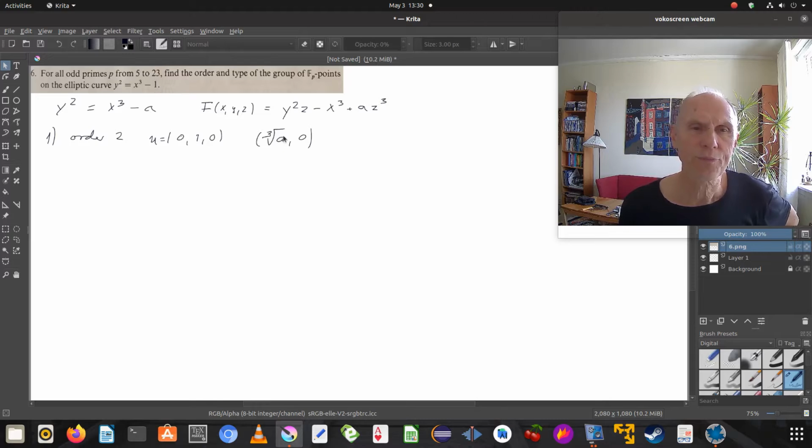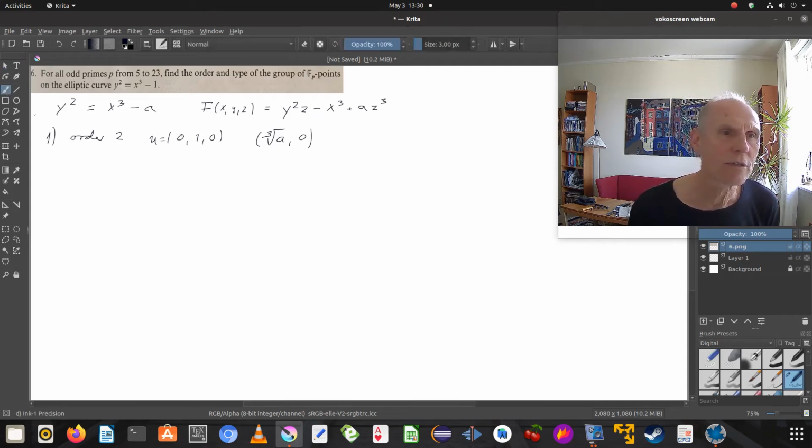If q is equal to 1 modulo 3, then we will have a third root of unity, but not necessarily of a, so in that case we'll have none or 3 points of exact order 2. So that's that.